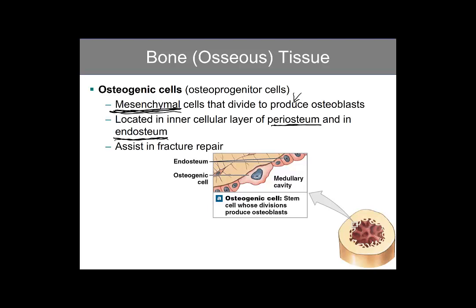And these osteogenic cells play a role in fracture repair. So if bone becomes damaged, osteogenic cells are prompted to differentiate into osteoblasts, and the osteoblasts are going to lay down the organic component of the matrix in the production of new bone.